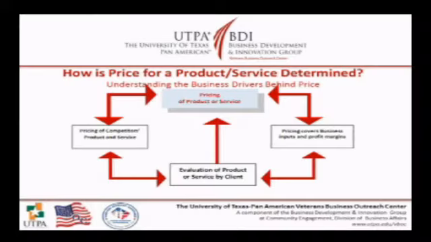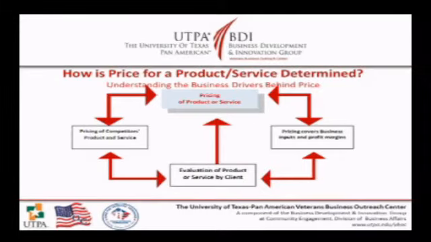If that product costs you 70 cents to make, then you need to price it over 70 cents. Now let's say you want to make a profit margin of 30 cents. So you're going to price it at $1. Basically 70 cents is what it's going to cost you to make it. 30 cents is what you're expecting to make as a profit. That's what you're going to price it at.